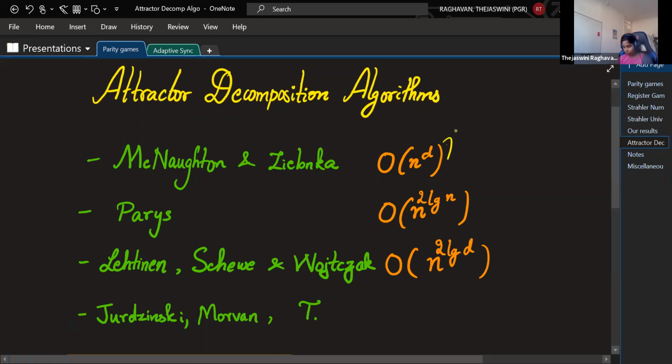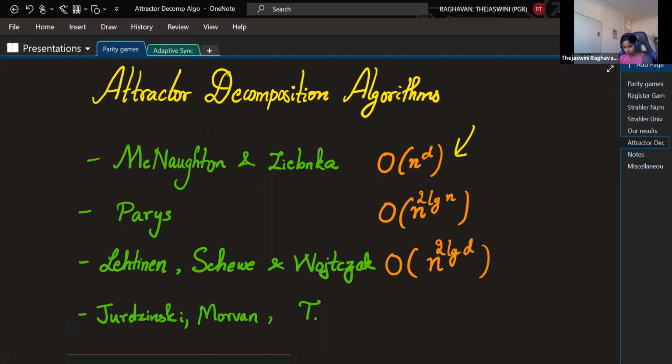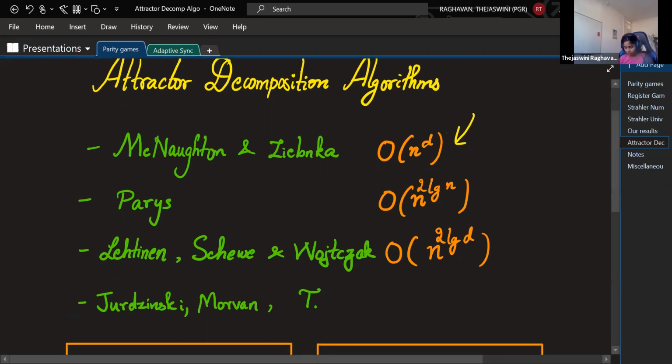And we would like to find out why, because this seems to have exponential running time, but performs so well in practice. Later on, I also mentioned Parys and his improvement by Lehtinen, Schewe and Wojtczak, all of which also computed attractors recursively.